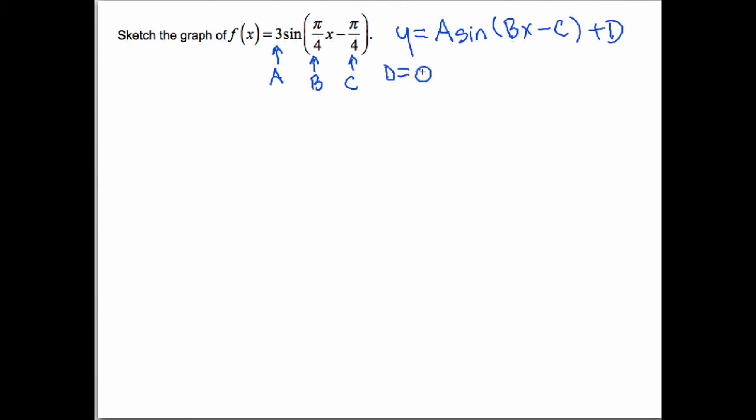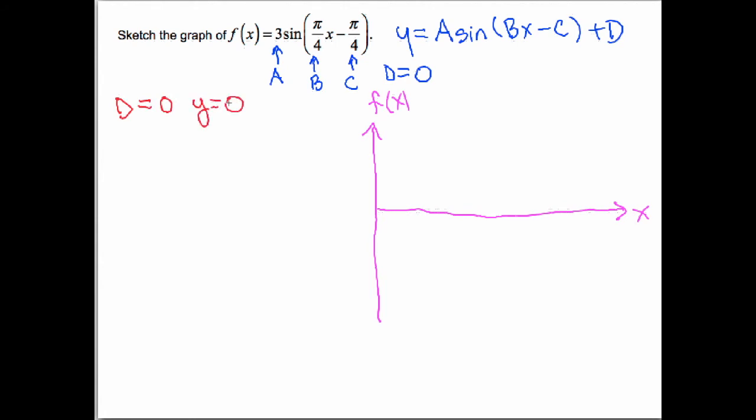As I put together my thoughts, I'm going to do this on a set of axes that I'm going to create right now. So my vertical axis is f of x, and my horizontal axis is x. I'm going to start by putting together two thoughts. I know d is 0, so y equals d, or y equals 0, is the midline.